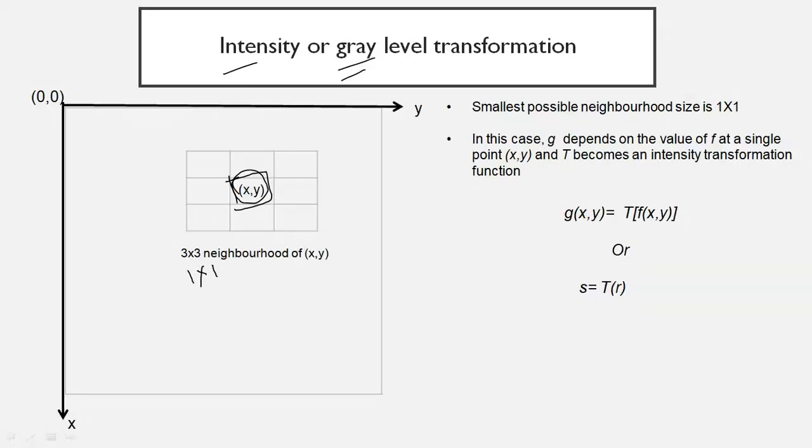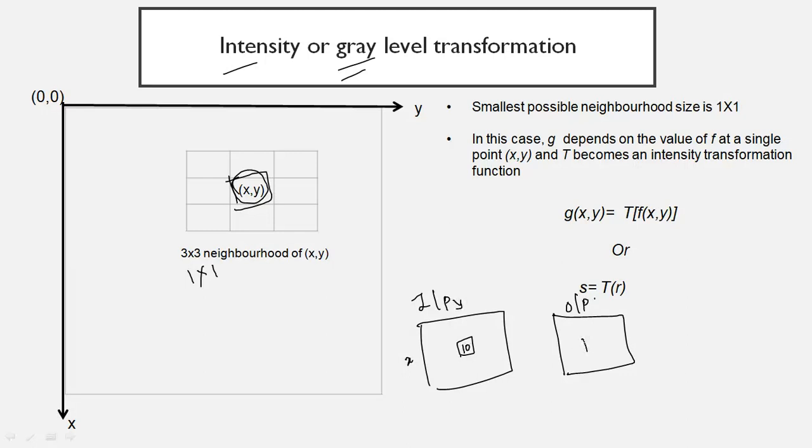Here, for example, if this is my input image and this is my output image, the image after enhancing, and the pixel value here at x comma y is 10, and I want a new pixel value here at x comma y after enhancement. If the new value depends only on the value at x comma y in the original image, then that particular technique is called intensity level technique or point processing technique.